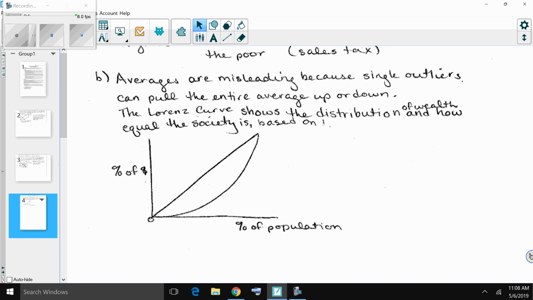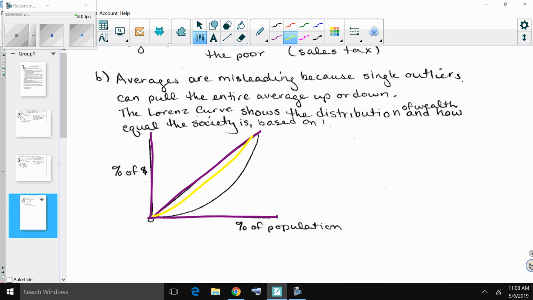So on this curve, on your vertical axis, we have our percent of money, and down here we have our percent of the population, and we have this 45-degree angle line. That is the line of equality. On the Lorenz curve, the closer we are to the equality line, the more equal the country. The fatter this line is, the more unequal the country.